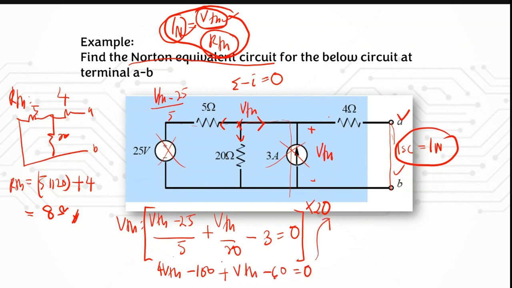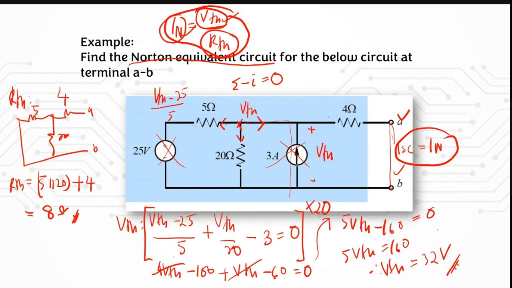Then we continue and get 5 VTH minus 160 equal to 0. Then 5 VTH equals 160, so that we know our VTH is equal to 32 volts.